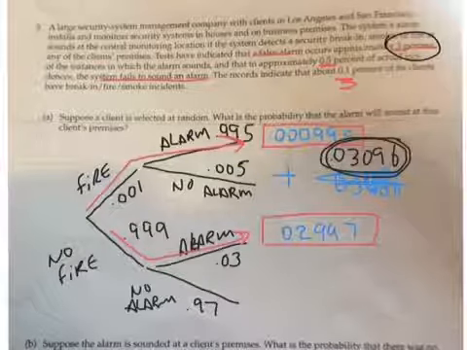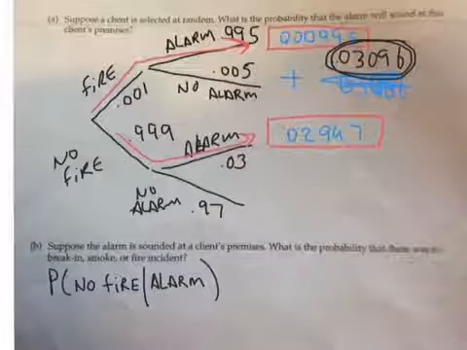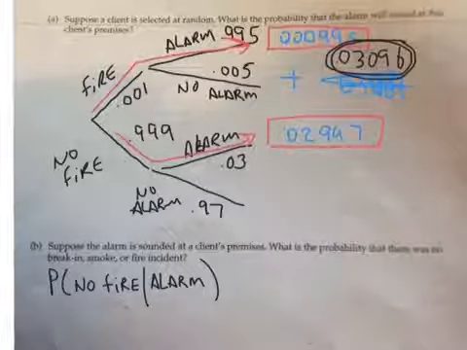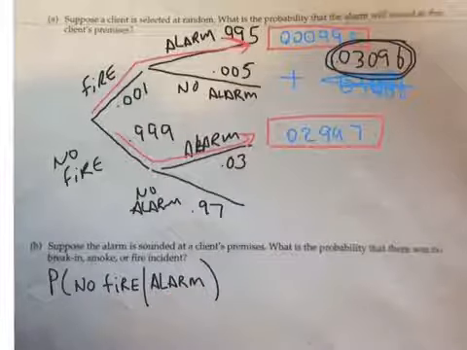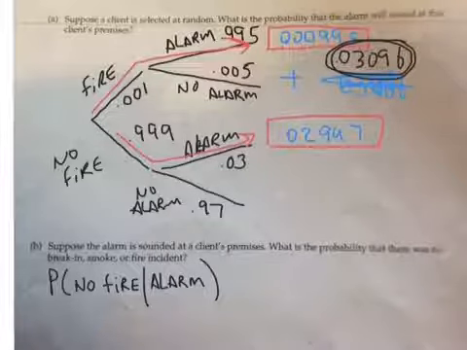Okay, let's go to letter B. So on letter B, suppose the alarm is sounded at the client's premises. What is the probability that there was no break-in, smoke, or fire incident? Okay, so provided that an alarm went off, which we figured out right here, that's the probability that the alarm goes off. What's the probability that there's no incident?